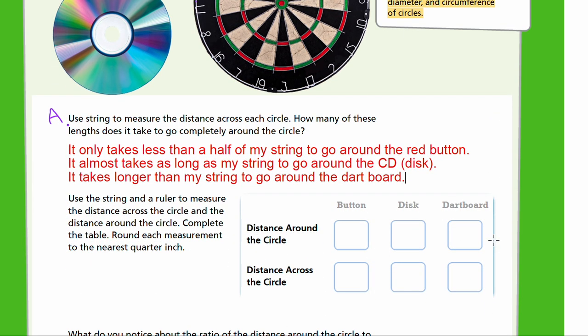So let's look at part B. It's not labeled here, but we can label it real quick. Use the string and the ruler to measure the distance across the circle and the distance around the circle. Complete the table, rounding each measurement to the nearest quarter inch.